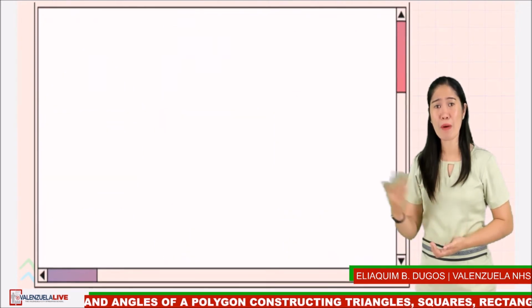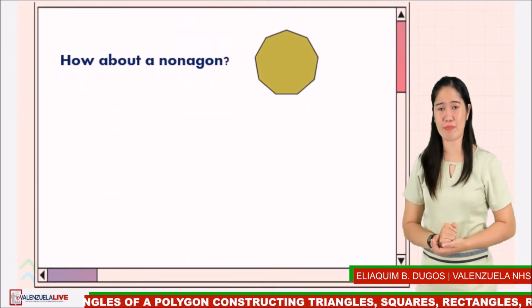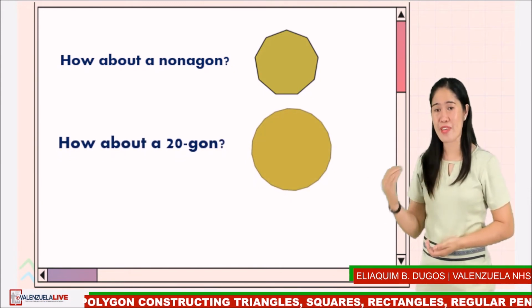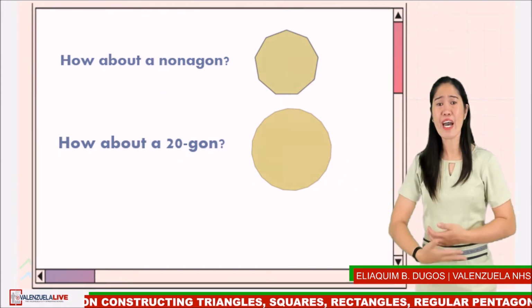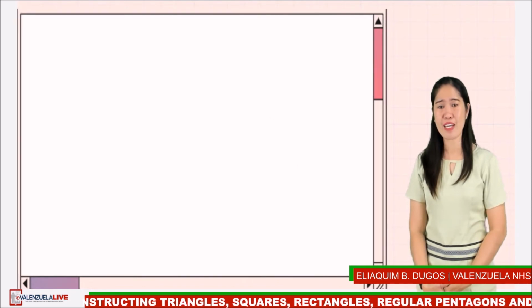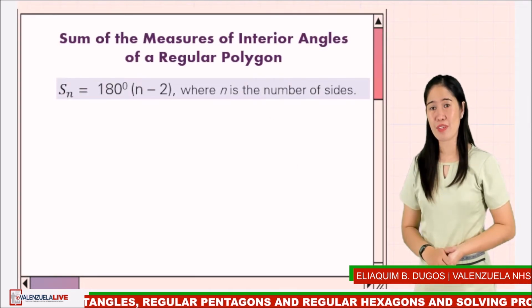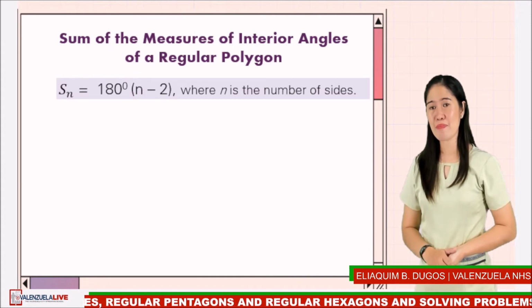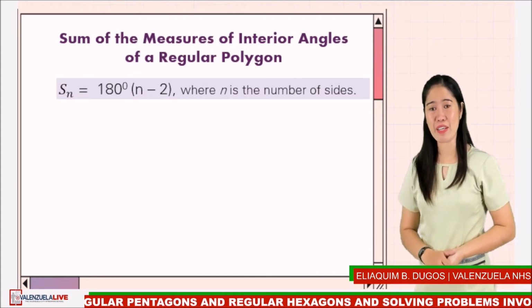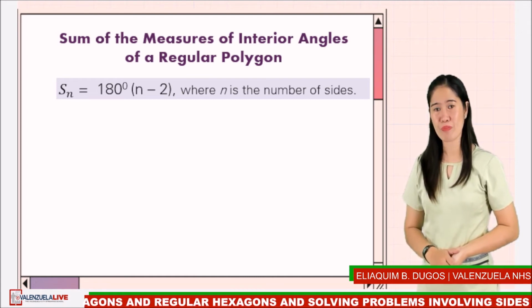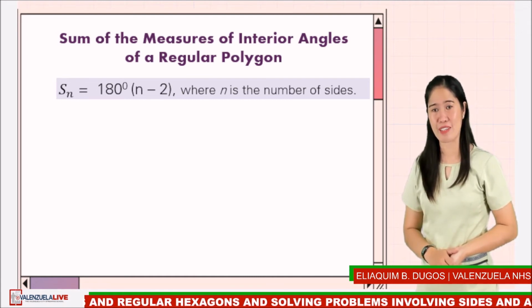But how about a nonagon? How about a 20-gon? From that, we can have our formula to find the sum of interior angles of a polygon: S sub n is equal to 180 degrees multiplied by the quantity of n minus 2, where n is the number of sides.